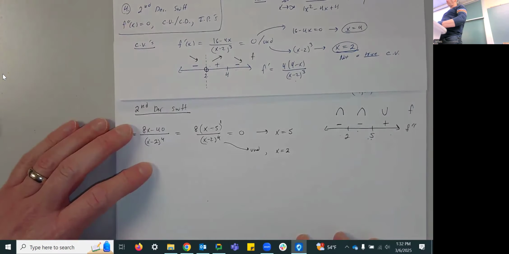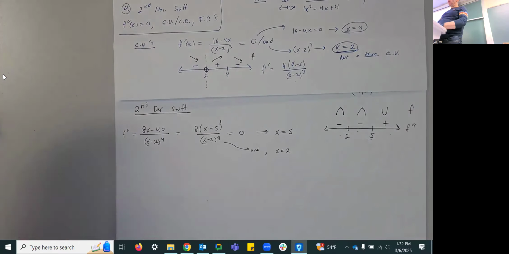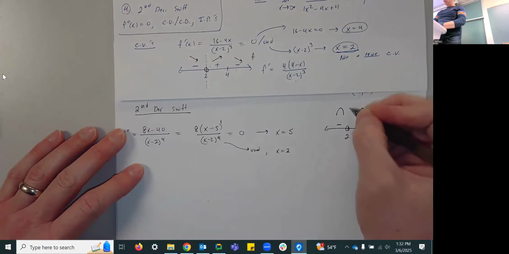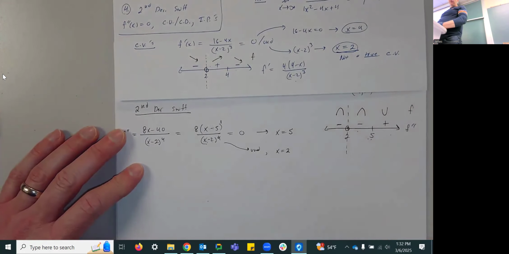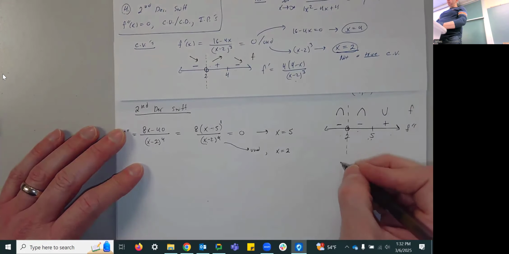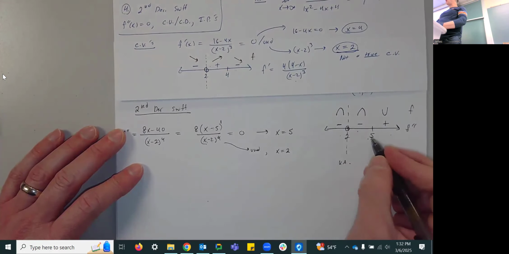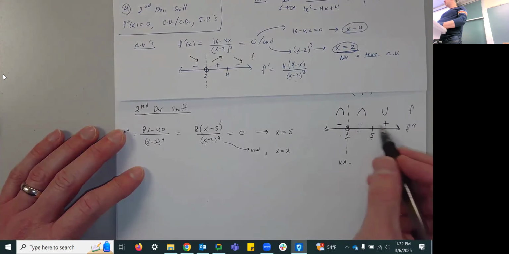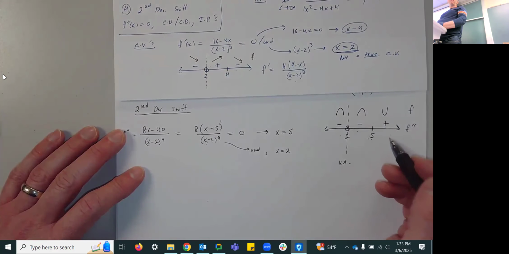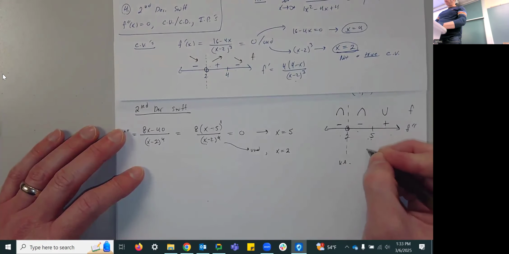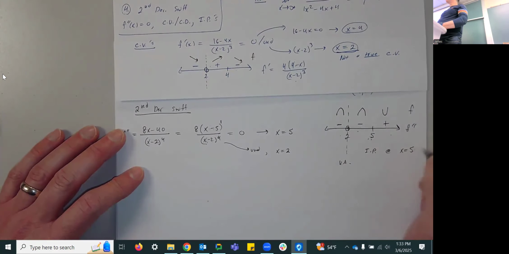Maybe all the things. Oh, I forgot something. Sorry, I forgot something. So still here at 2, for my second derivative, we have a vertical asymptote there. But at 5, since the concavity is changing, we do have an inflection point. So we have an inflection point at x equal to 5.